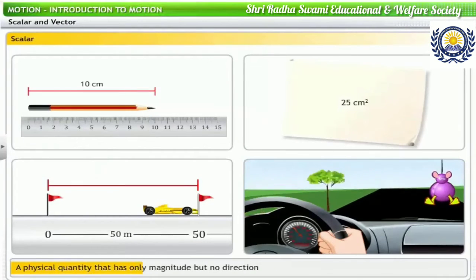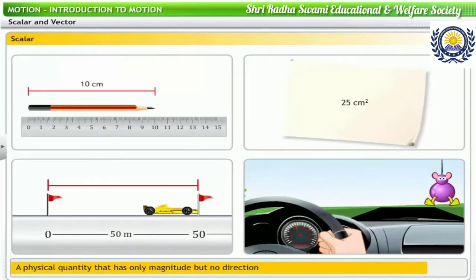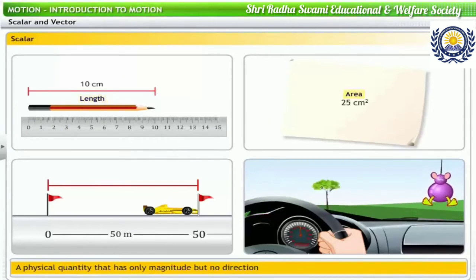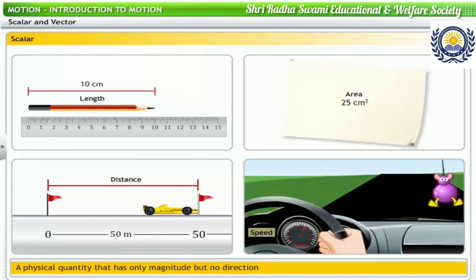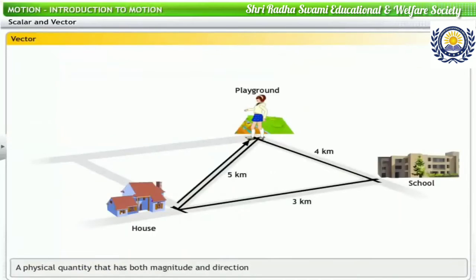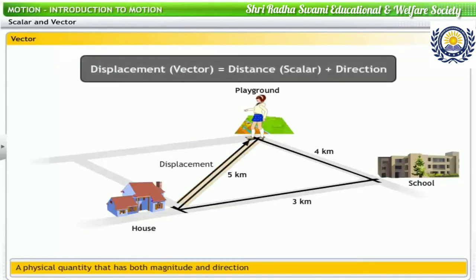A physical quantity that has only magnitude but no direction is scalar. Length, area, distance and speed are all scalar quantities. On the other hand, a physical quantity that has both magnitude and direction is vector.